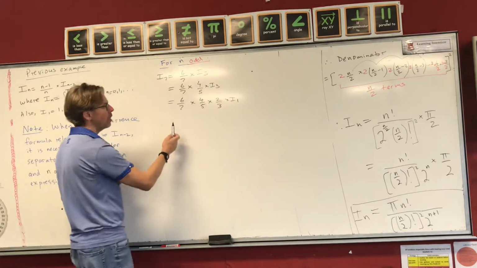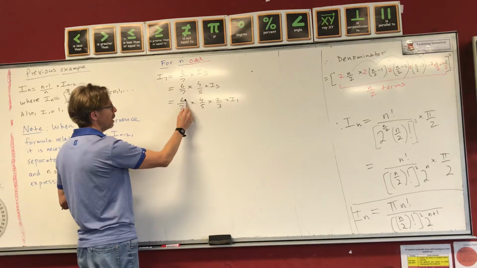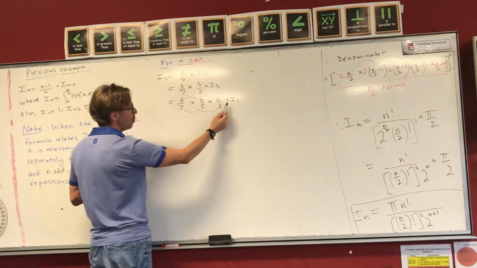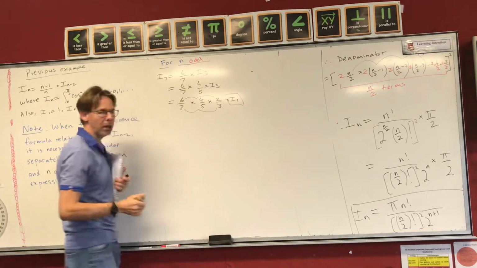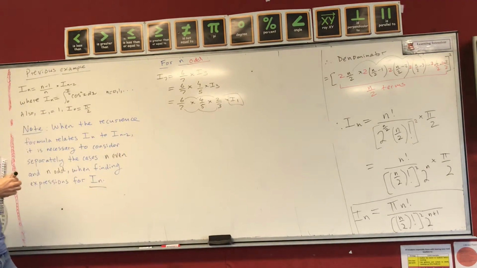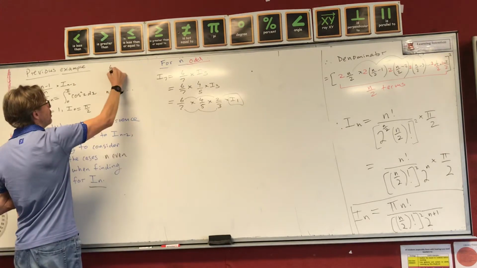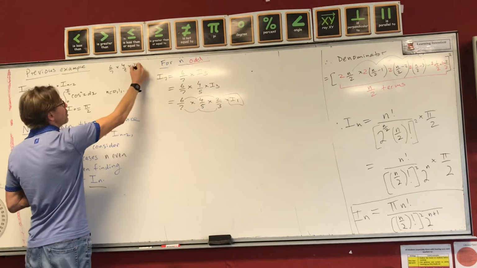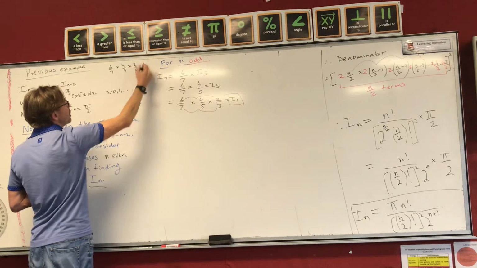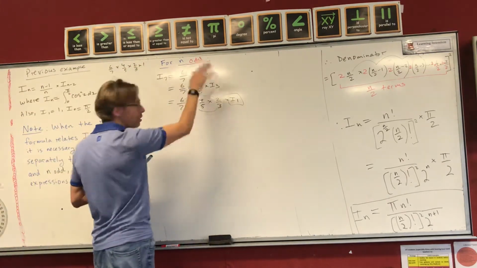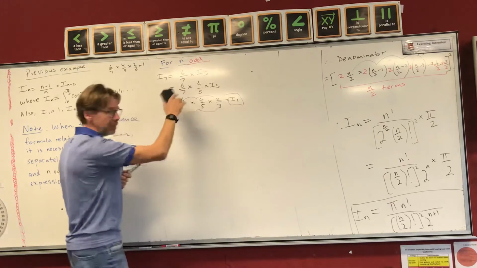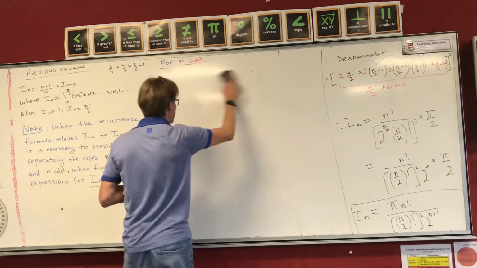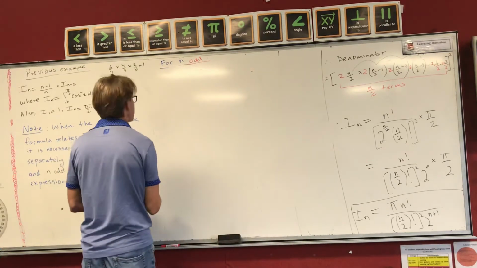Yep. So you can see the pattern here, starting with these are stepping down by 2's, these are stepping down by 2's, and I1 is 1. Alright, so 6 over 7, 4 over 5, 2 over 3 times by 1. Okay, I'm just going to write this out because I need the room. So you can copy that down. Alright, so let's have a look at n odd. Right.